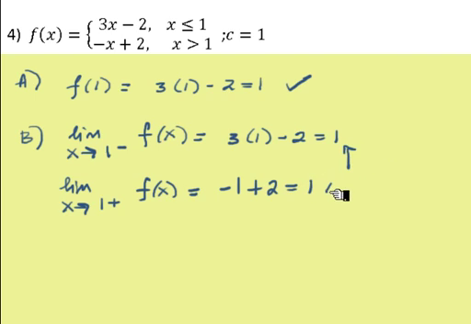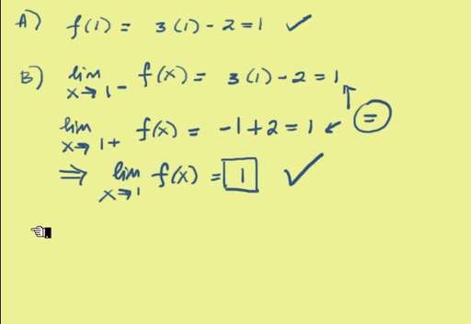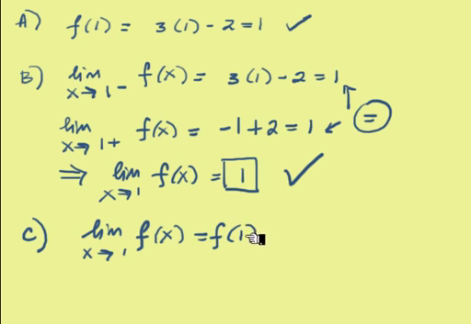These are equal. That implies the limit as x goes to 1 of f of x is equal to 1. Yes, the limit exists, and these are the same. So we say the limit as x goes to 1 of f of x is equal to f of 1. All three are true, so we conclude yes, continuous at x equal 1.